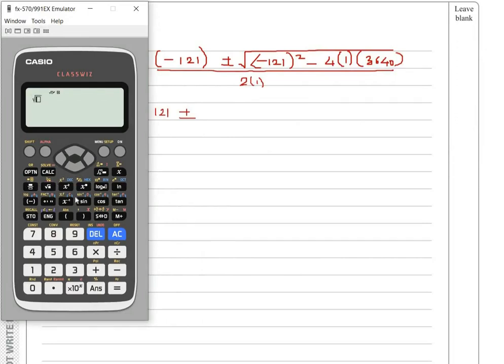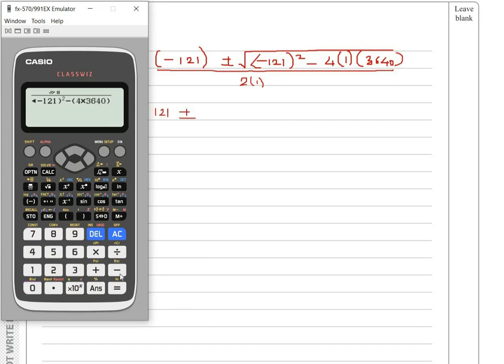So we get into this credit, we have minus 121 square minus 4 times 3640.